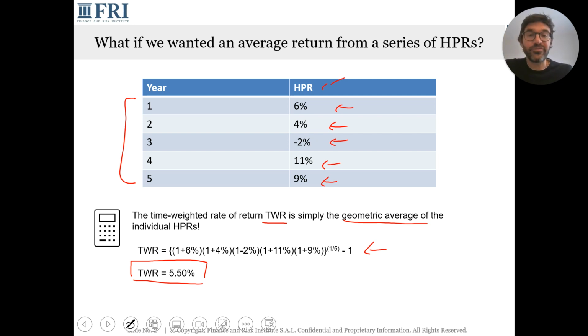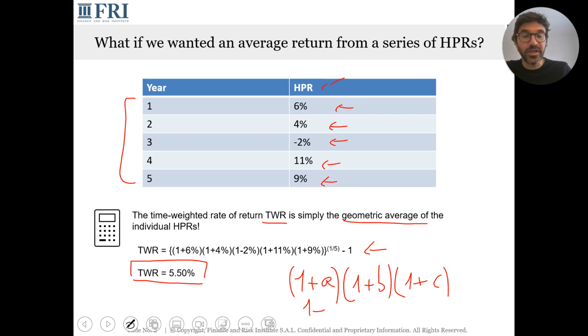You can quickly verify this property by just recognizing that if you have 1 plus A, multiplied by 1 plus B, multiplied by 1 plus C, you'd get the exact same answer if you say 1 plus C multiplied by 1 plus A multiplied by 1 plus B. So the order doesn't really matter.